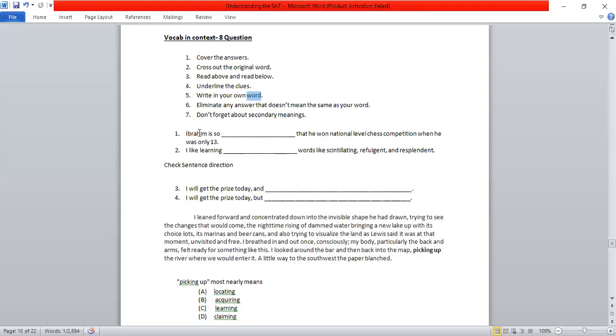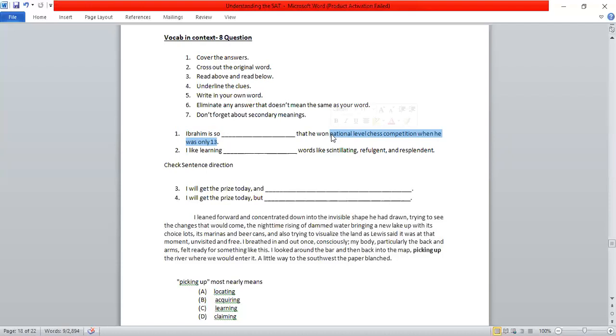Let's read this. Ibrahim is so something, whatever word was here, I removed it, that he won a national level chess competition when he was 13. Now, national level. Is it usual for somebody to win national level chess at 13? It's really not. I play chess at my age and I'm definitely a lot more than 13, and I don't think I can reach nationals.